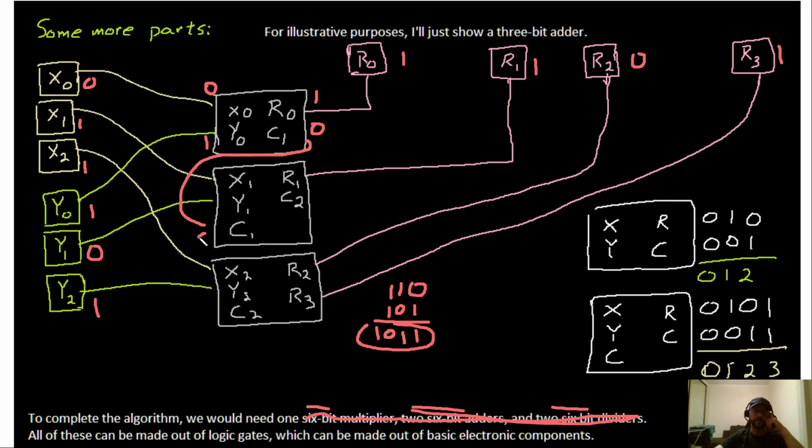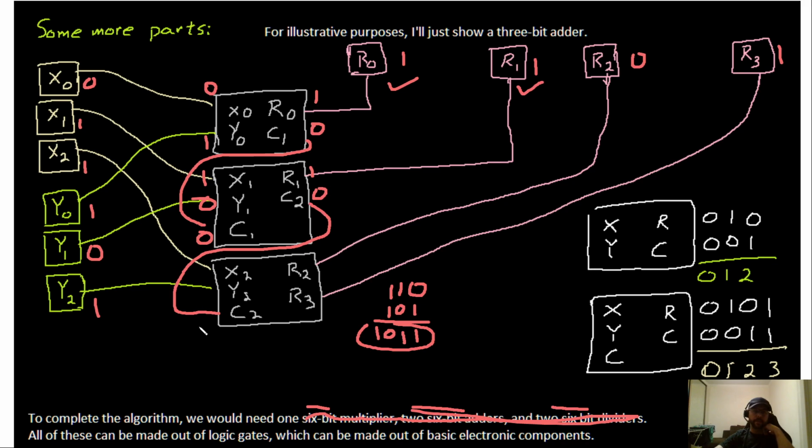So we have 0, y1, 0, x1, 1. So we're bringing in a total of 1. When we bring in 1, we output 1, 0. Once again, this carries down. I just didn't draw it to make it a little less messy. So we output a 1. So this worked.